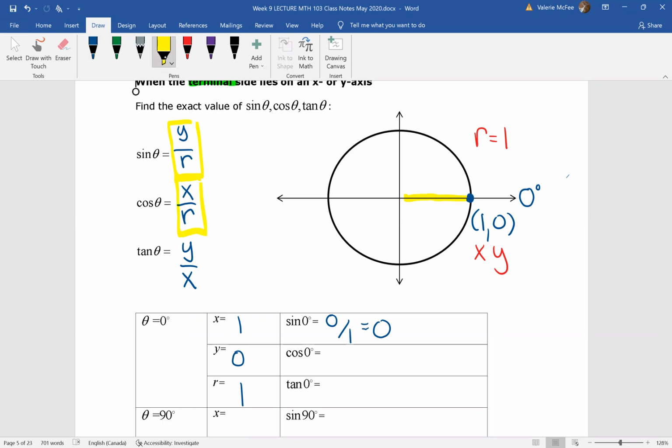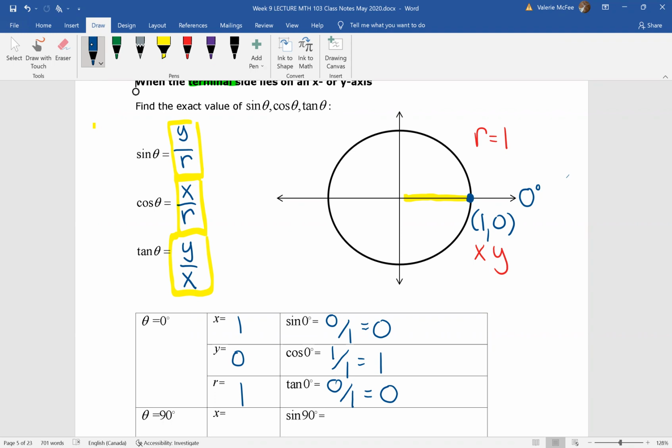Cosine is X over R. X is 1, R is 1, this equals 1. Using this ratio, can you find the tangent of 0 degrees? Tangent is Y over X, it equals 0.